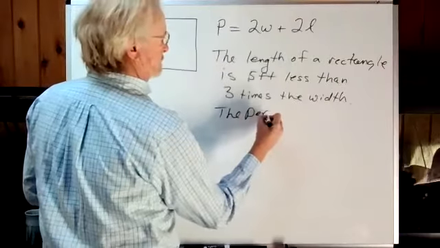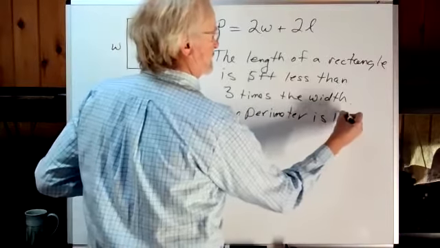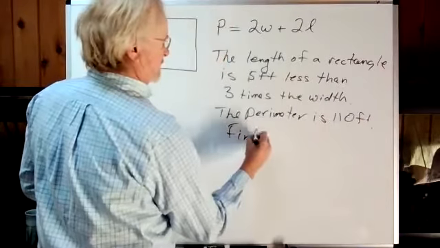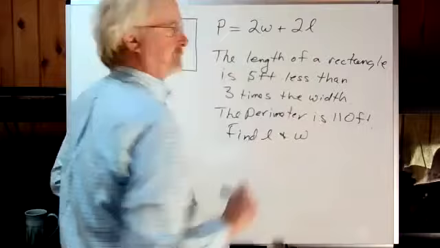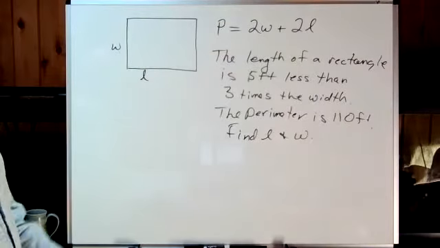The perimeter is 110 feet. Find the length and width. Okay. Let that soak in for a second.